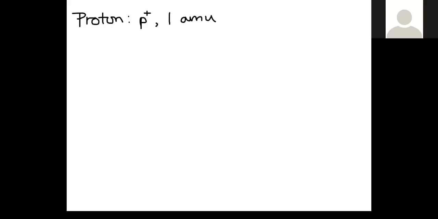And then we have a positive charge. A neutron, you can write as a lowercase n. And what's the charge on a neutron? There's no charge, it's neutral. So you can just write n0, n naught, and that just means there's no charge on it. It's a neutral charge, and it weighs 1 AMU.